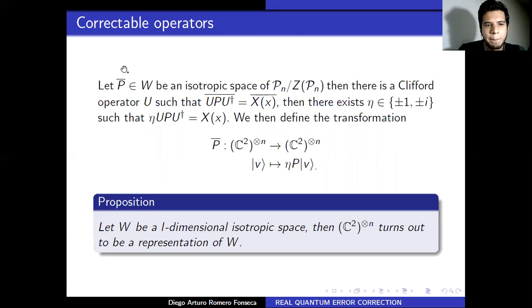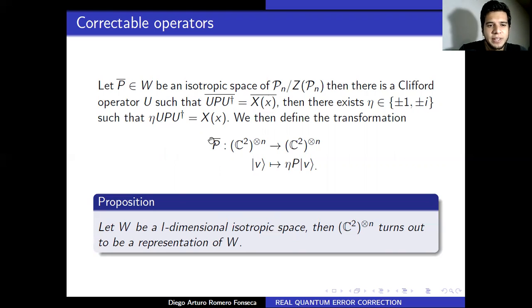So if the quotient of P belongs to an isotropic space, then as the action of the symplectic transformations is transitive on isotropic spaces, that means that there exists a Clifford operator U such that U P U dagger belongs to the same quotient of an element whose positions are only the identity matrix and X matrix. That is, they are equal except for a phase factor.